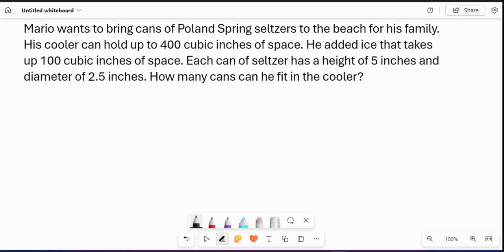So, we don't know the shape of the cooler, but we do know how much volume it has to fit cans of anything, seltzer, water, right? We just know how much space can fit inside of the cooler, which it can hold up to 400 cubic inches.